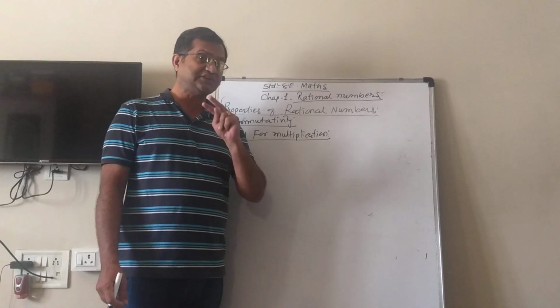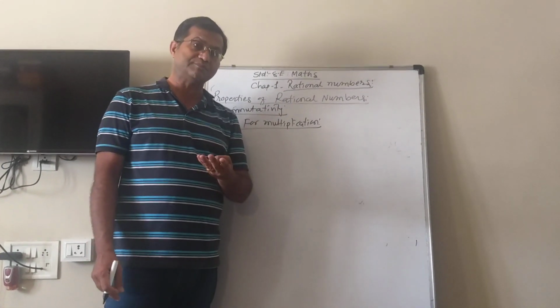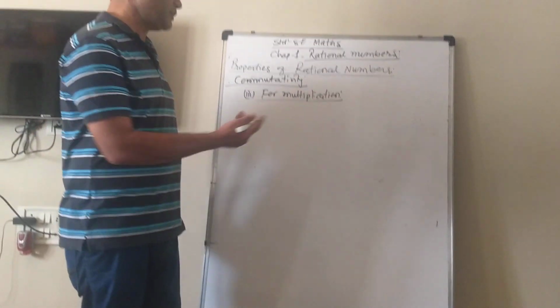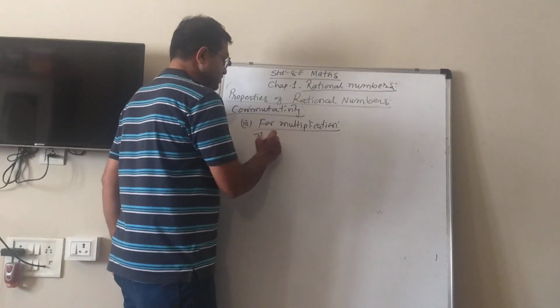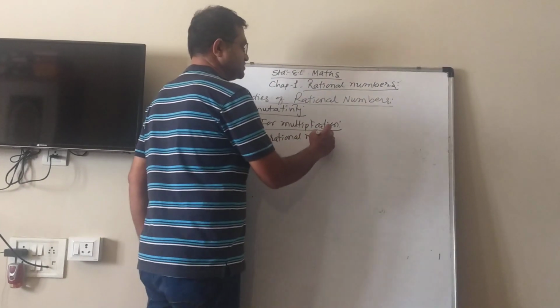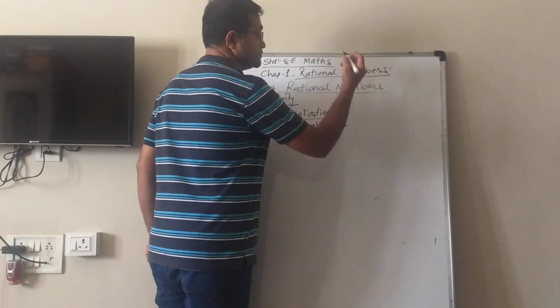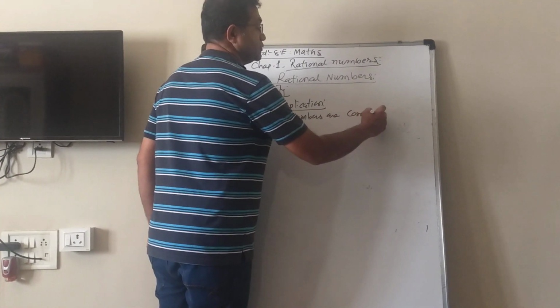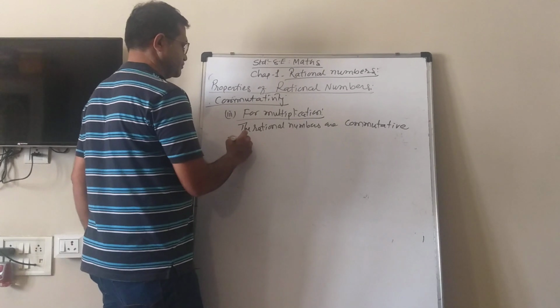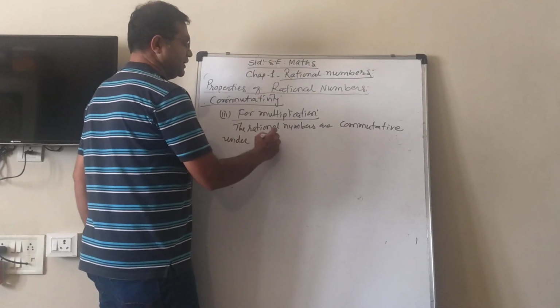The answer will not change, it will be the same. The same thing is possible for rational numbers also. So we can write down the rational numbers are commutative under multiplication.